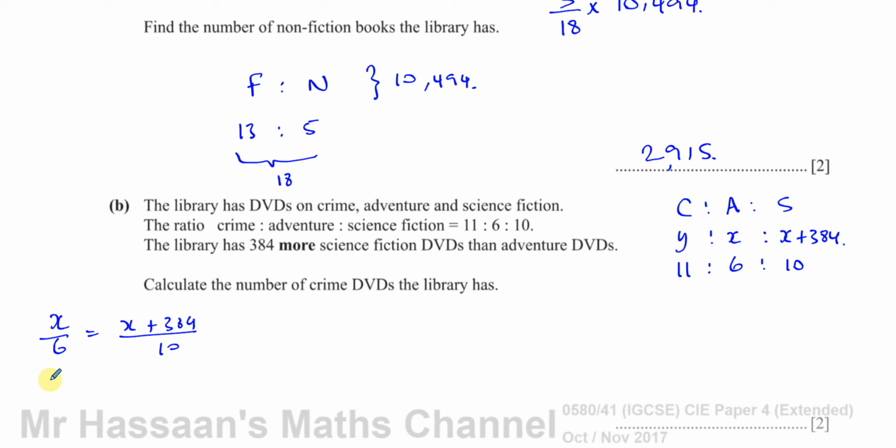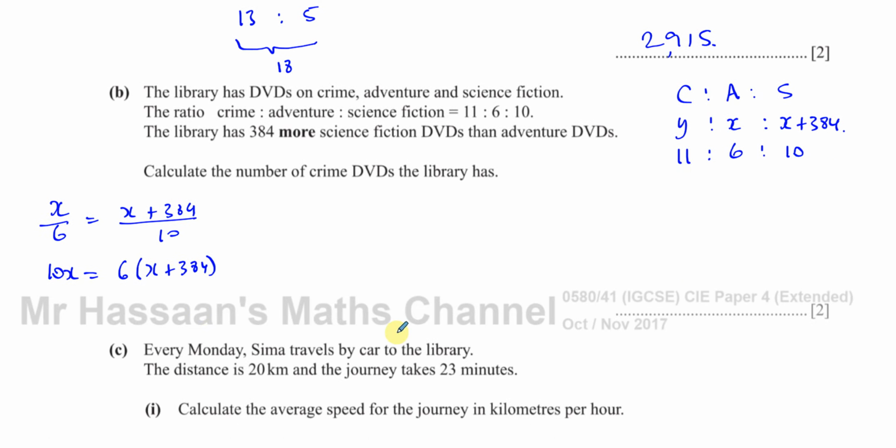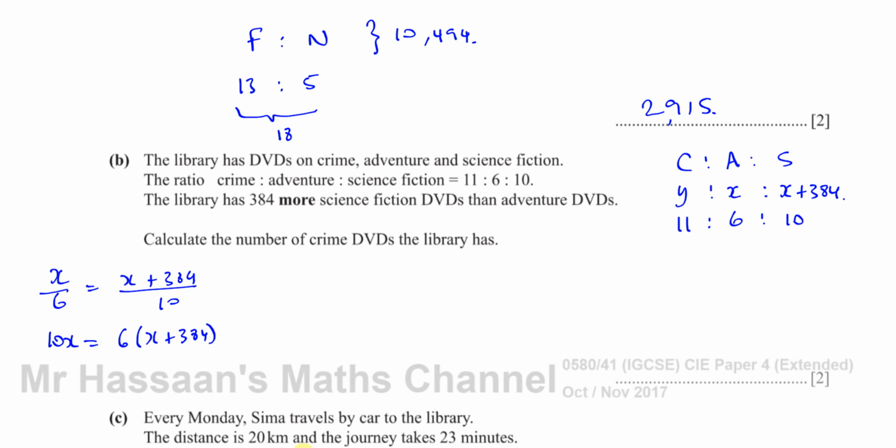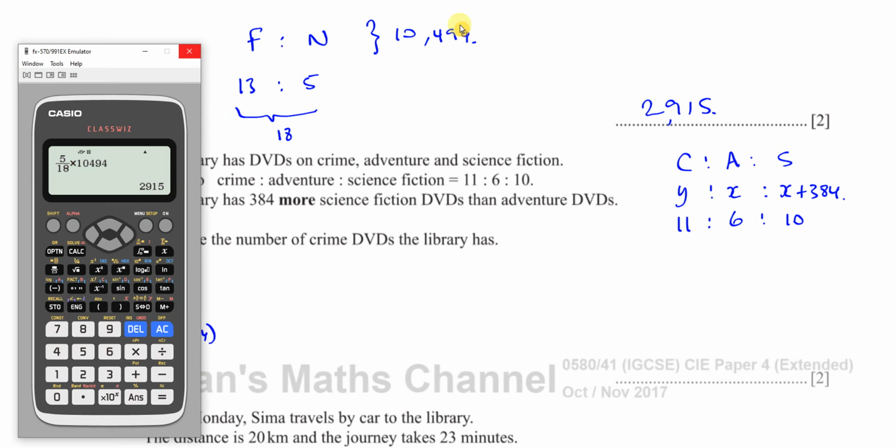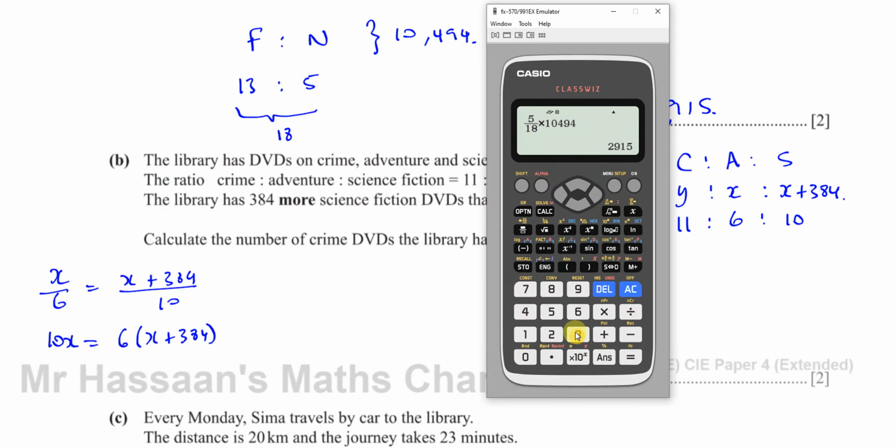So we can cross multiply here. We have 10x is equal to 6 times (x plus 384). Let's work out what that is. You've got 384 multiplied by 6, which gives you 2,304.